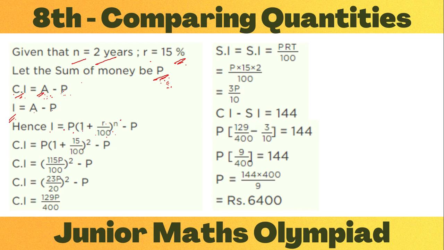Let's substitute the values. The P value we don't know, let it be as it is. 1 plus rate of interest 15%, and we have calculated for 2 years.